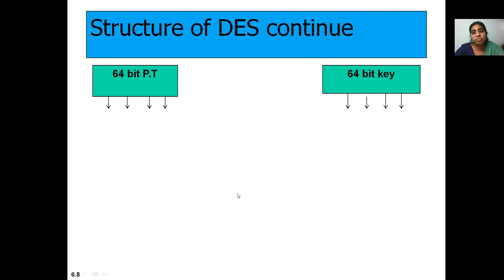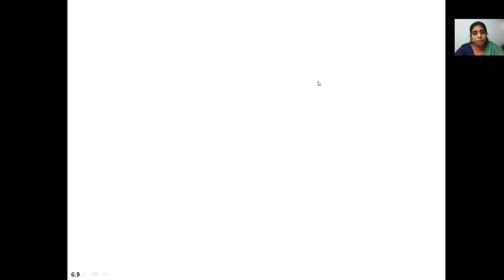The process of the structure of DES is that initially we take the 64-bit plain text, and simultaneously we also take the 64-bit key. The 64-bit plain text is given to the initial permutation, and the 64-bit key is given to permuted choice 1.